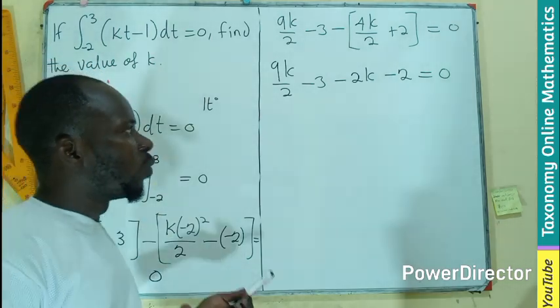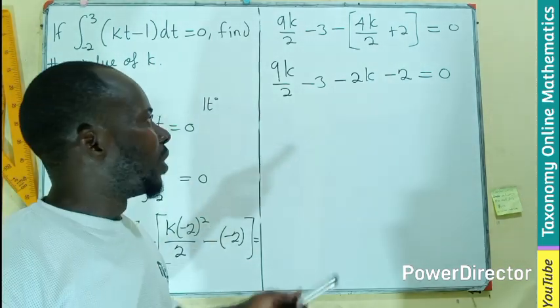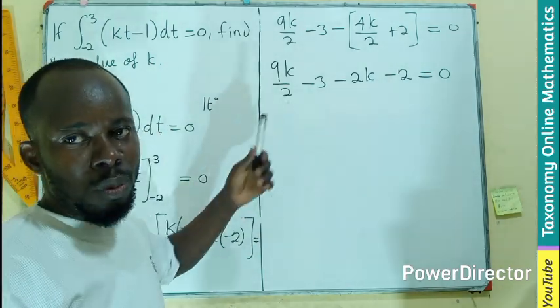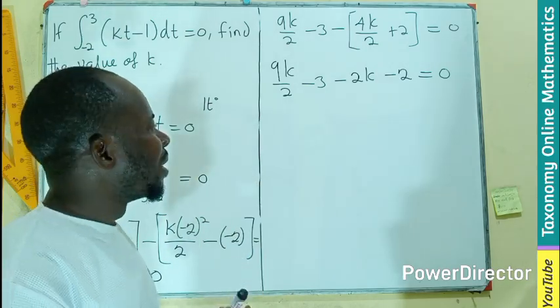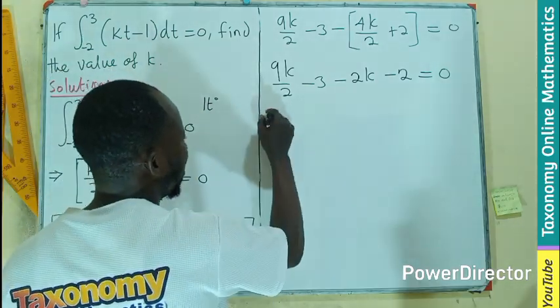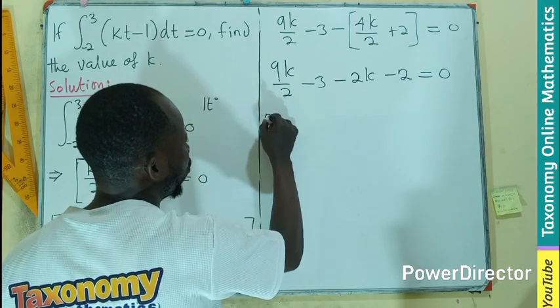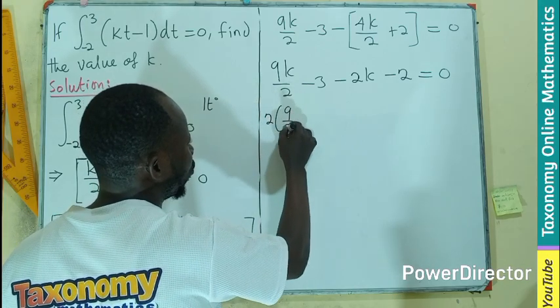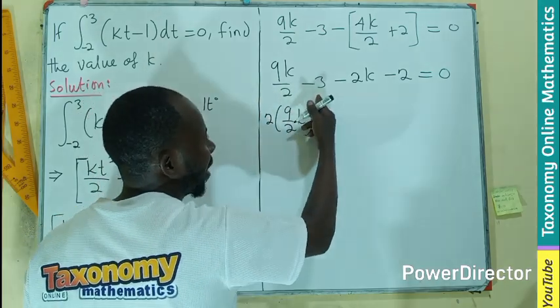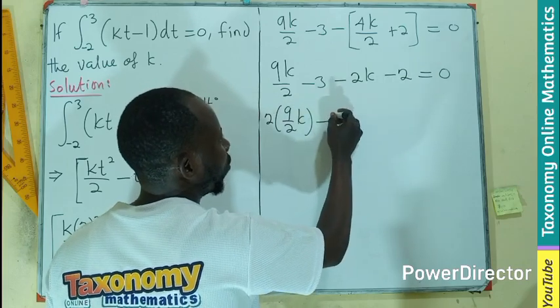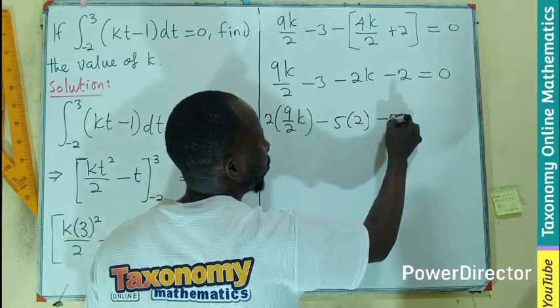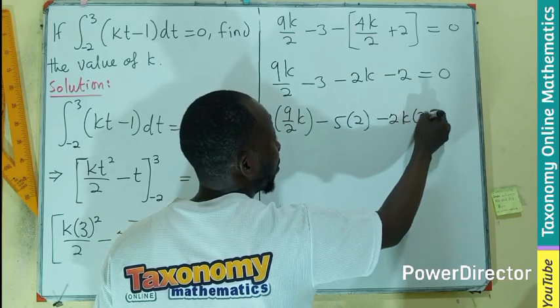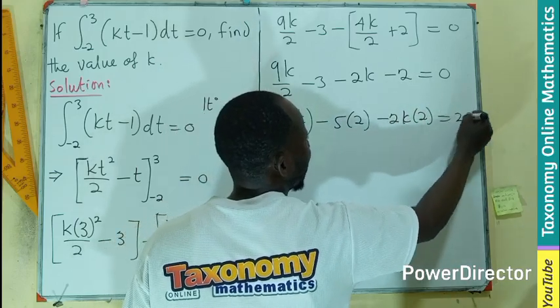Now, one of the easiest ways is to find the LCM, which is going to be the 2. So I'll multiply both sides, each of the terms, by the 2. So this means that if I have 2 multiplying 9k on 2, this and this will give you -5 multiplied by 2, minus 2k multiplied by 2, 0 times 2.